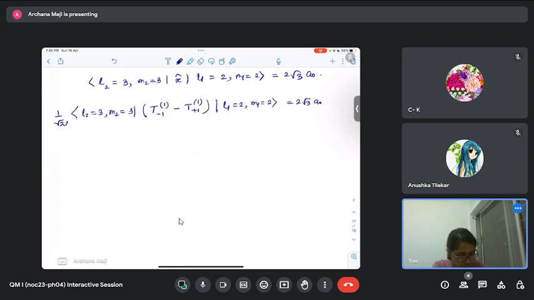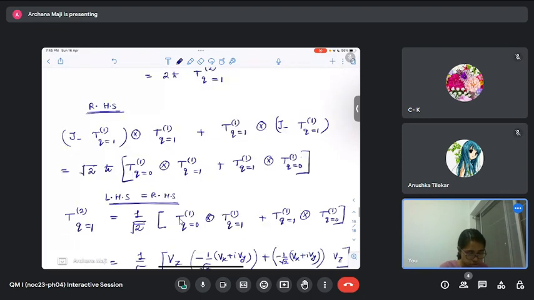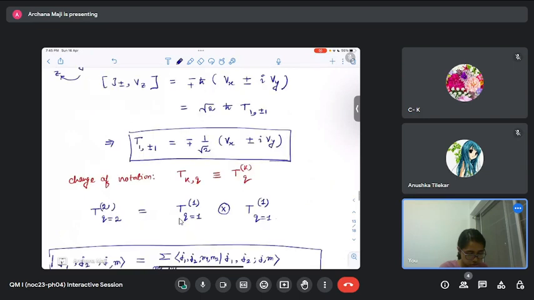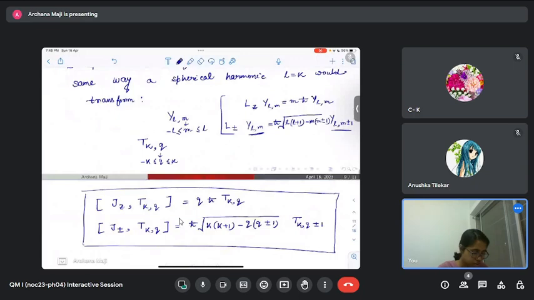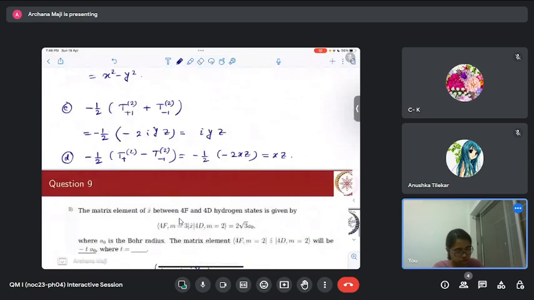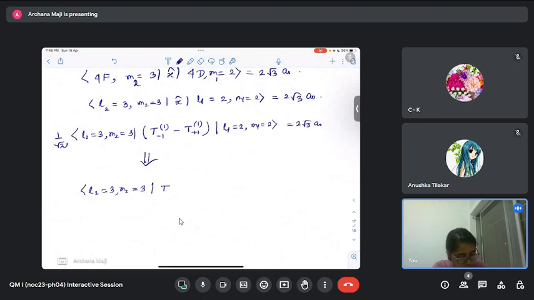So what do we get? So left hand side if we evaluate, L2 equal to 3, M2 equal to 3, I'm doing the first term, that means t when k equal to 1 and q equal to minus 1.